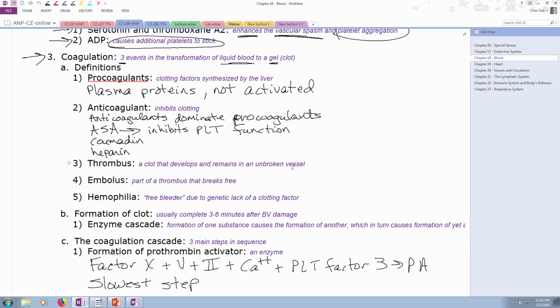So it's only there temporarily, and it's designed to also augment the following step of that coagulation, the formation of that clot. And so in coagulation, we have some terminology we were defining, and we have procoagulants. Those are plasma proteins that are typically made by the liver.